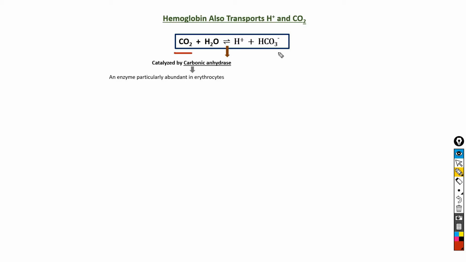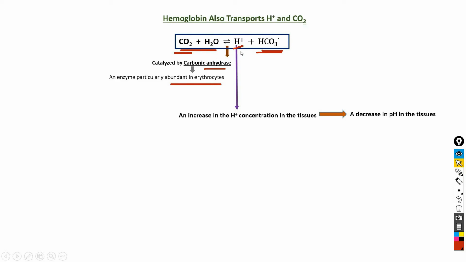And CO2 is converted to bicarbonate ion by a reversible reaction catalyzed by an enzyme carbonic anhydrase, which is particularly abundant in erythrocytes. Carbonic anhydrase basically catalyzes the hydration of CO2, as you can see here. When CO2 reacts with water, it results in the formation of H+ and bicarbonate ion.